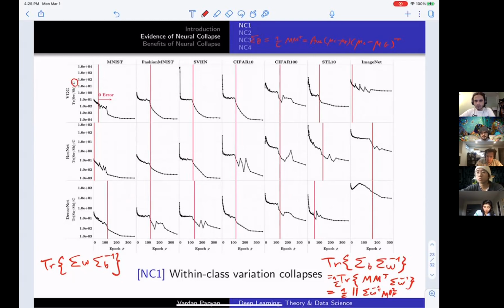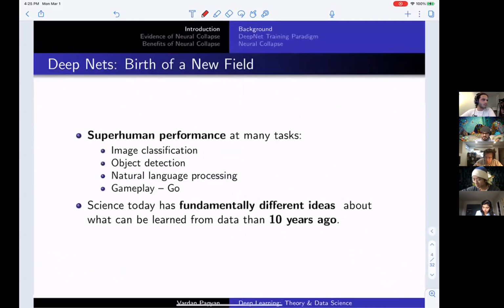Yeah, it's signal to noise ratio, exactly. Well, Neo is on fire today. So basically, Sigma_W to the minus half makes sure that your within class covariance is an identity.